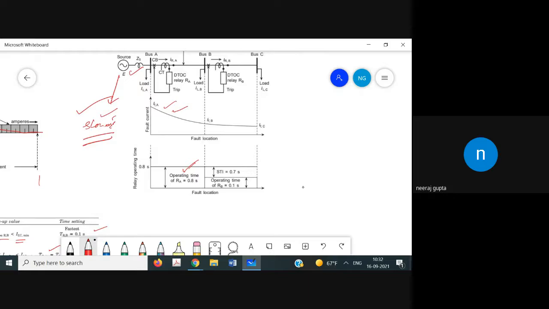We have set it this way due to selectivity issues.